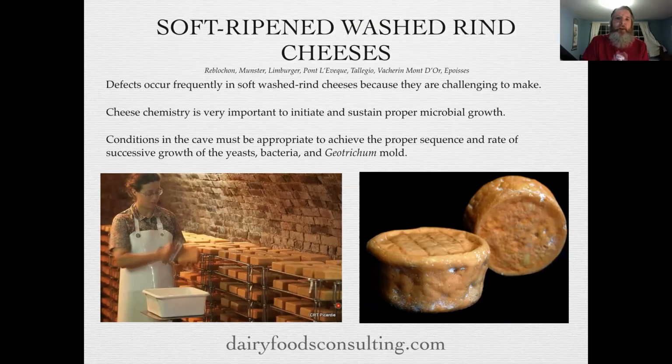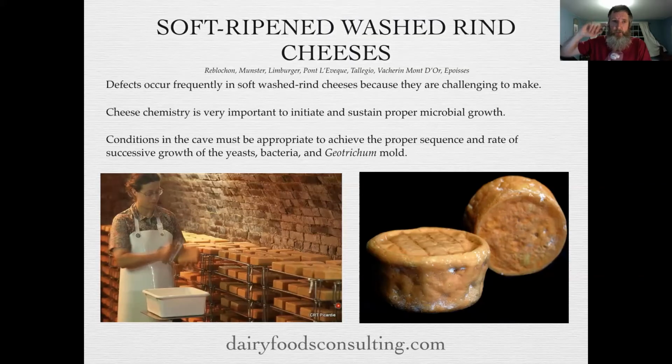But because they're so challenging to make, we end up with mishaps and get defects from either the cheese making process or the aging process. And so it can be a bit nerve-wracking at times to be making these.